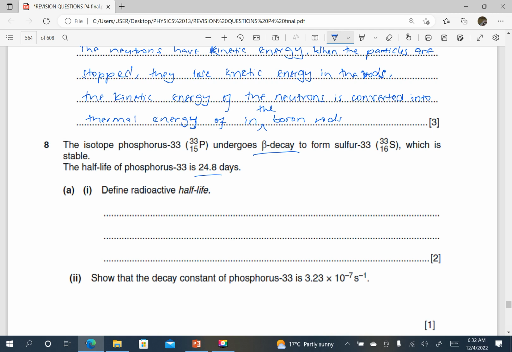So, the time taken for the initial number of nuclei, or I can call it activity, of a sample to reduce to one half of its original value.